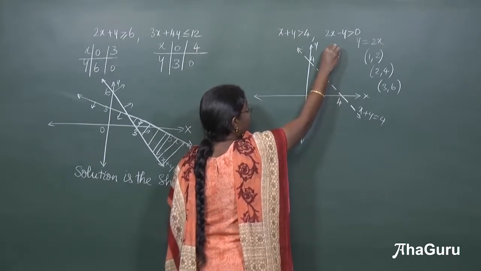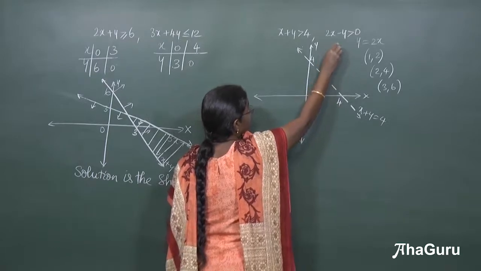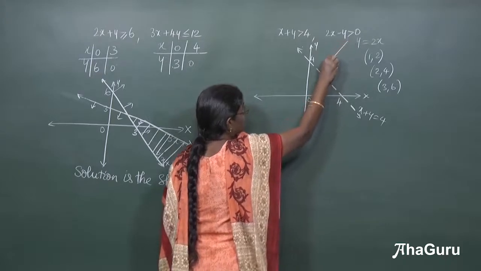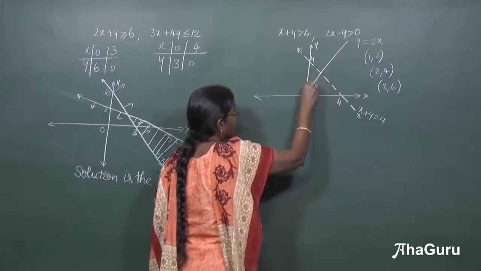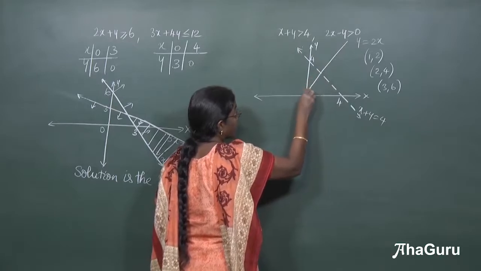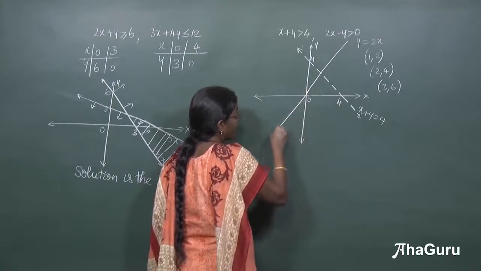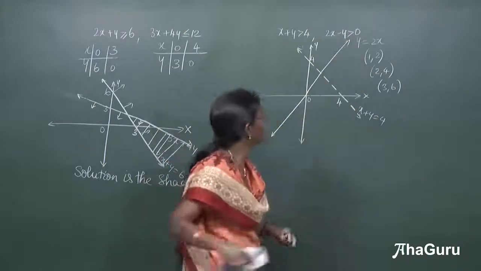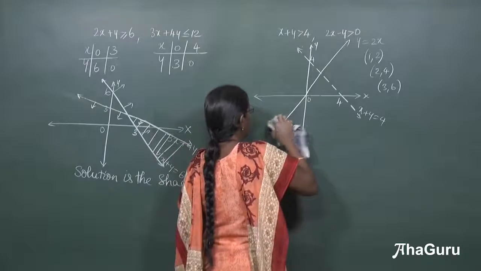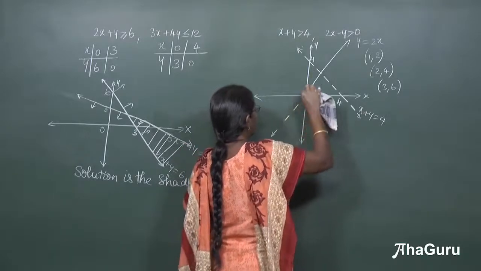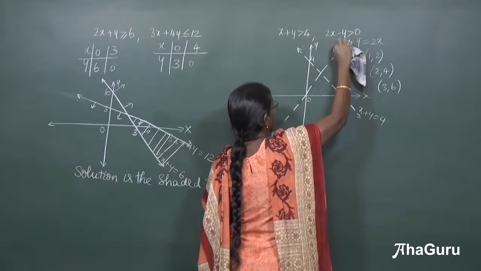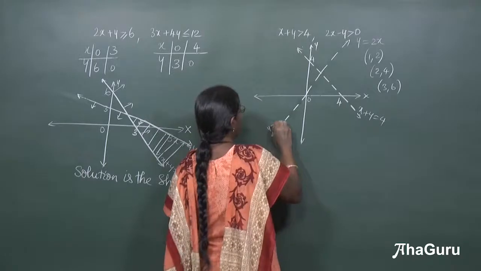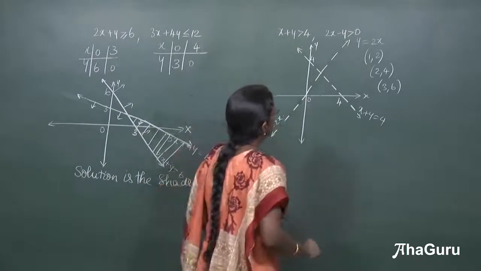Please take a proper scale and then do it. This is again a strict inequality, so draw it only as a dotted line here. So, this will be for y is equal to 2x.